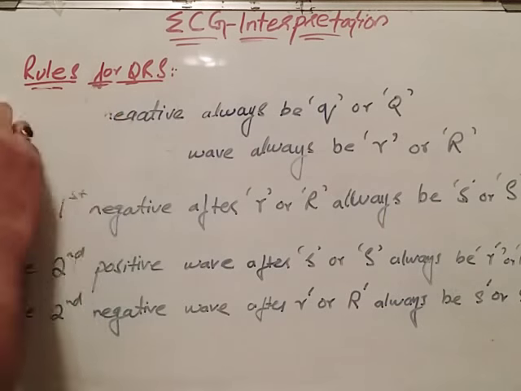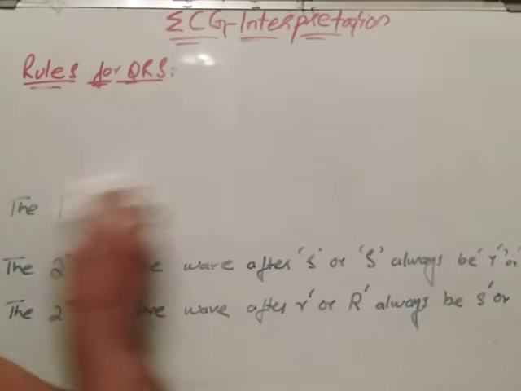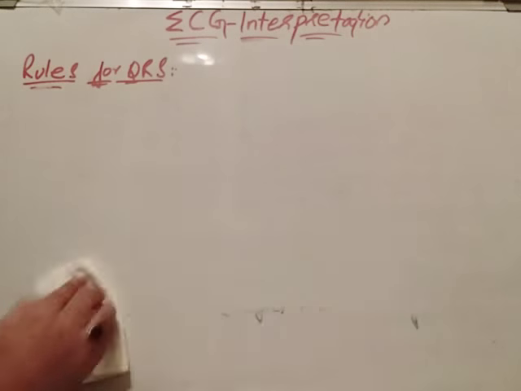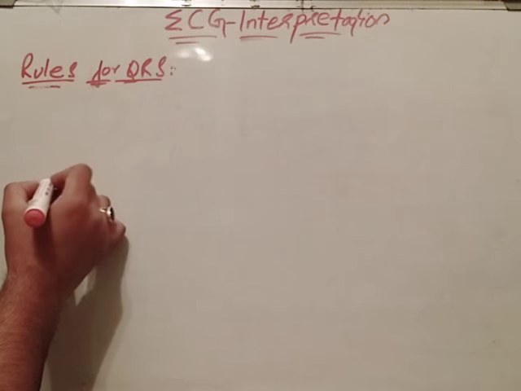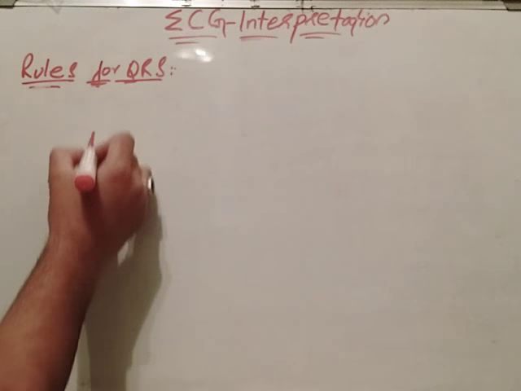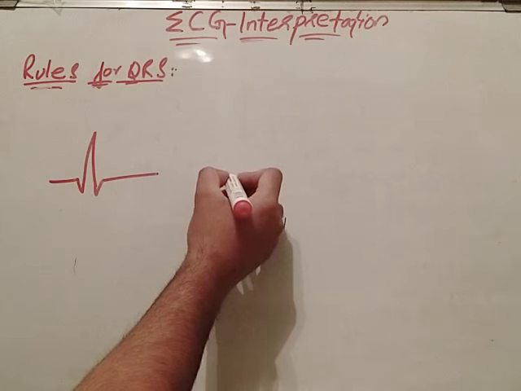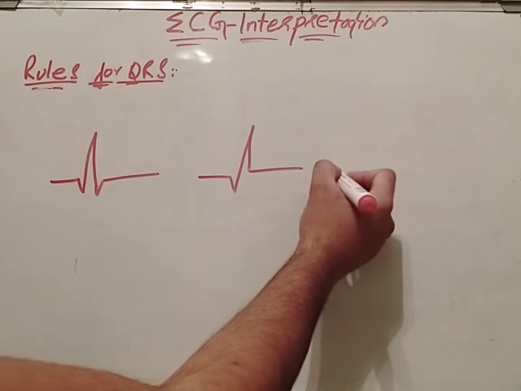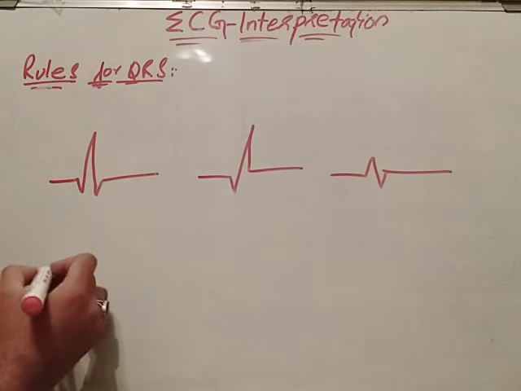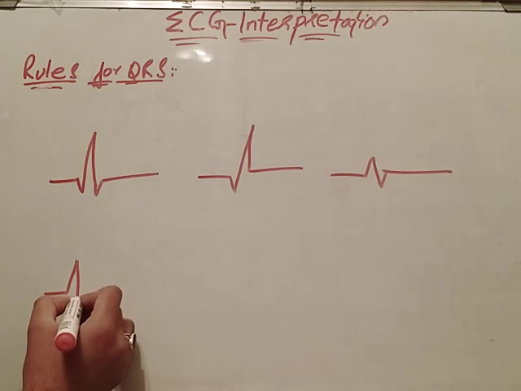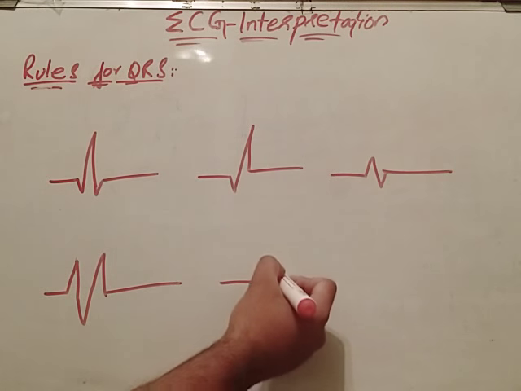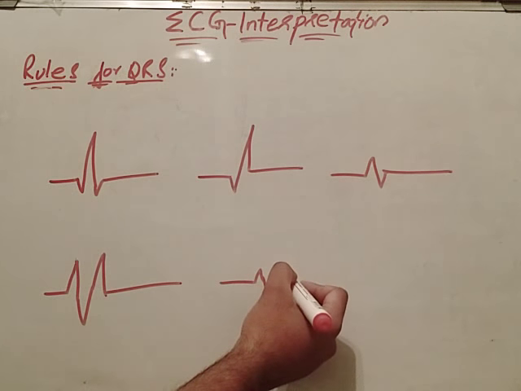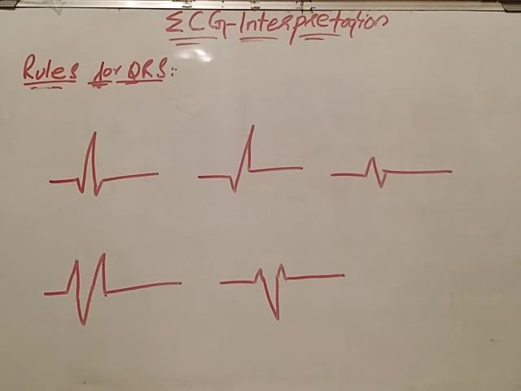So let's begin with the ECG graph of the QRS complex. For example, I made some graph like this. So you have to tell me what these are.